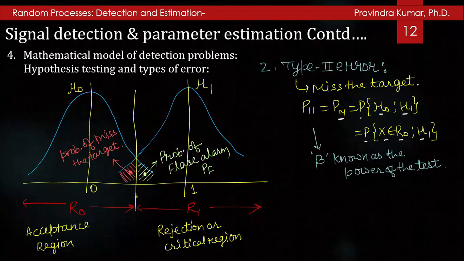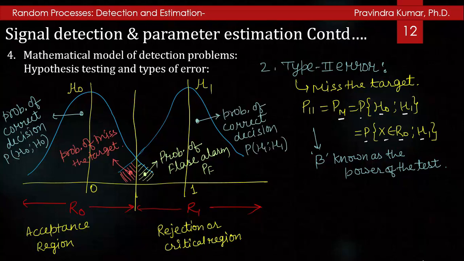Type second error is denoted as beta, and one minus beta is known as the power of the test. This region shows the probability of correct decision in favor of H0, and this region shows the probability of correct decision in favor of H1.